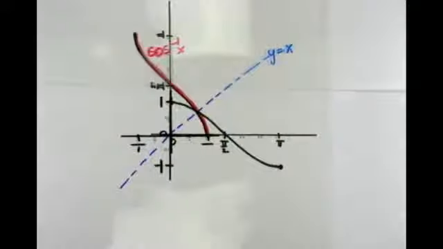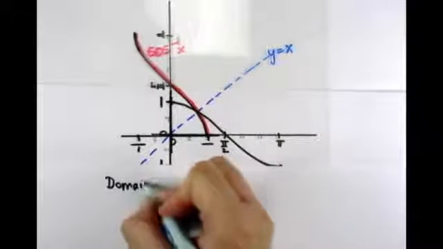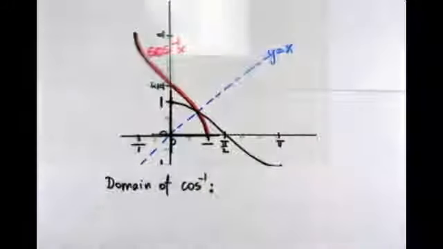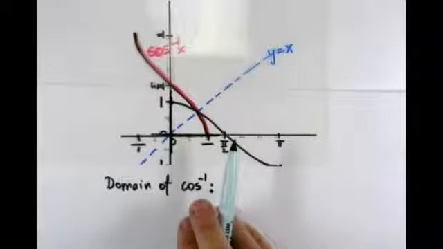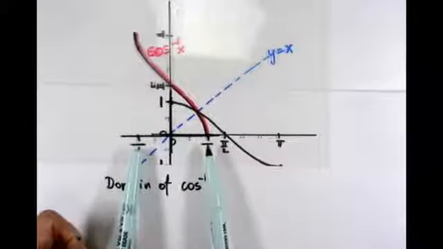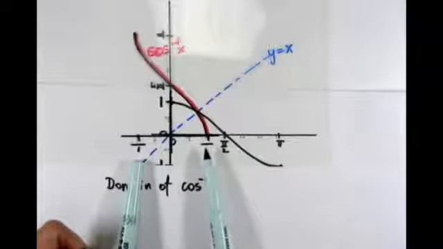So let's talk about the domain and range of this inverse function. The domain of cos inverse is the window on the x-axis where my graph is, and it shows that this is from -1 to 1.